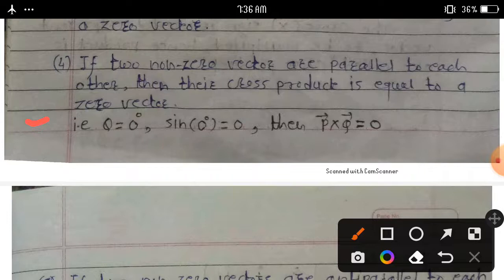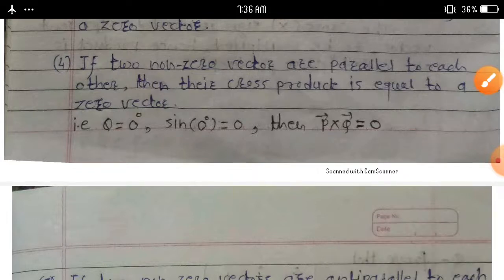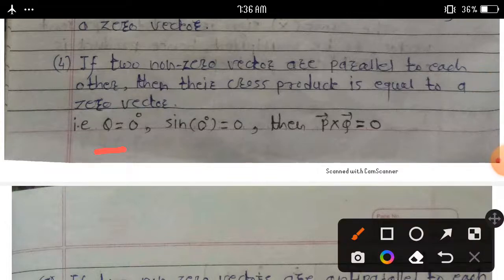See here, when two vectors, first vector and second vector, are parallel, then the angle between these two vectors is 0. Theta, the angle between these two vectors, becomes 0, then sin 0 becomes 0, then p bar cross q bar is also 0.